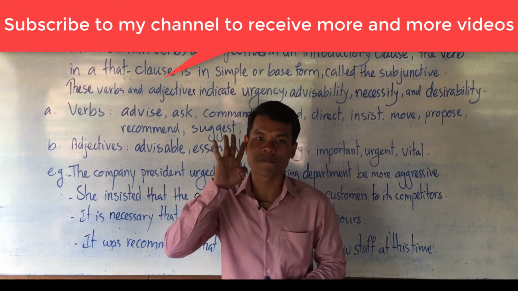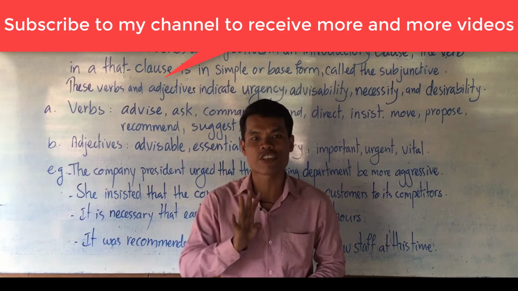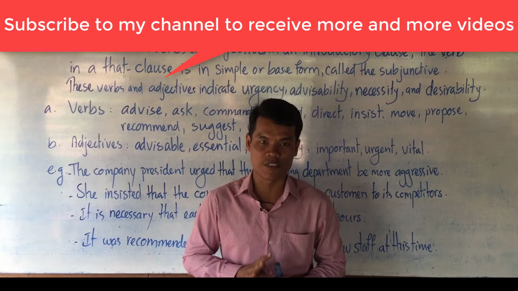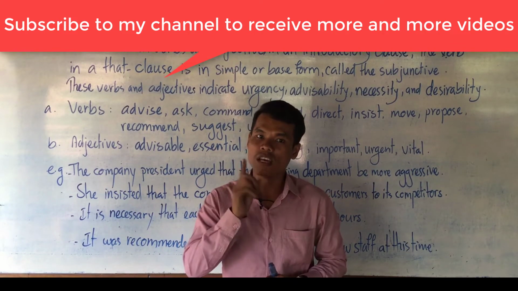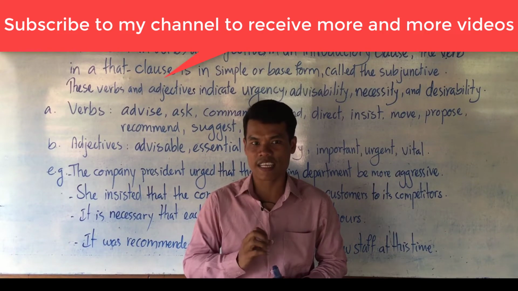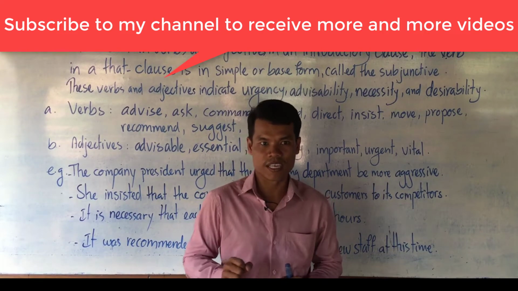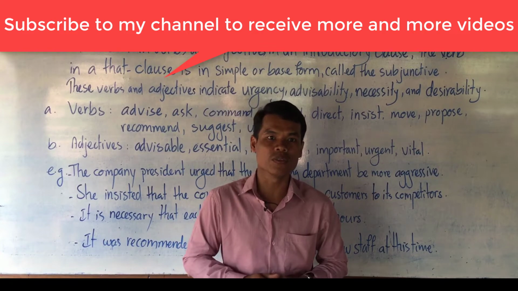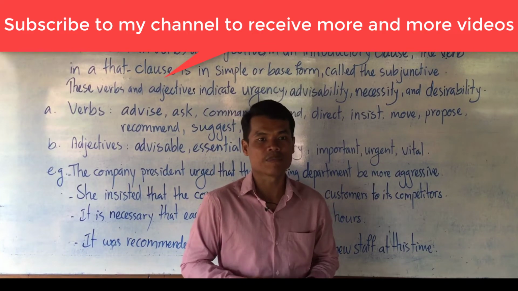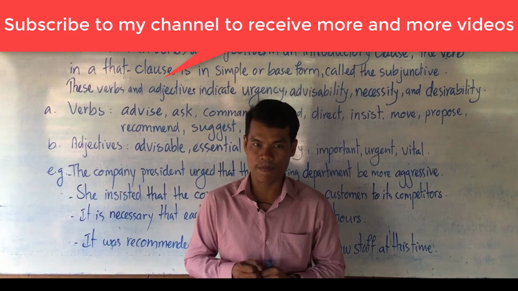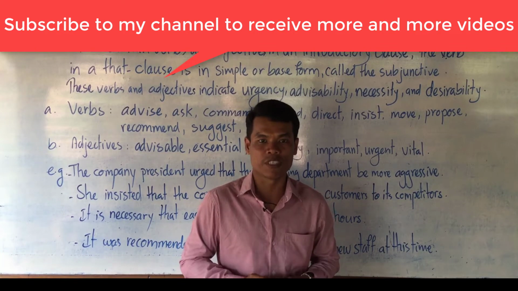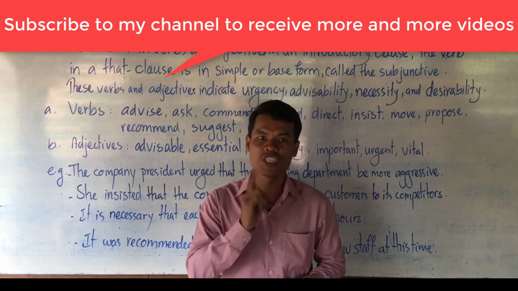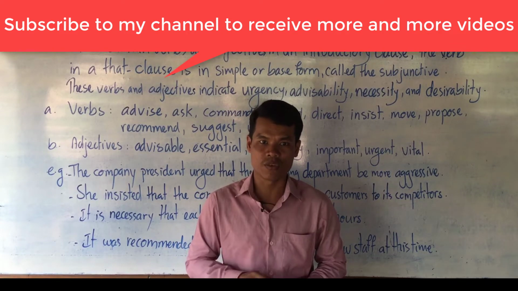Well, there are 4 groups of introductory clause verbs. They are group number 1, no indirect object. Group number 2, indirect object is optional. But when you use an indirect object, the preposition to must be used.